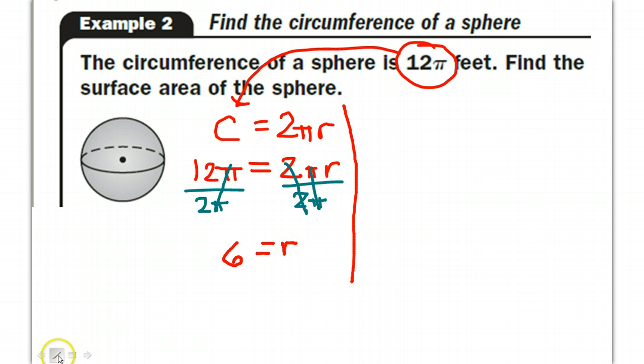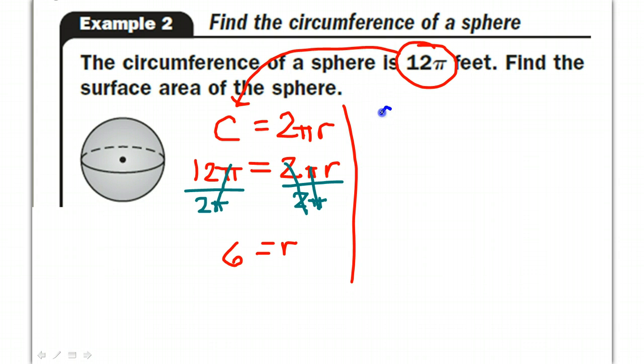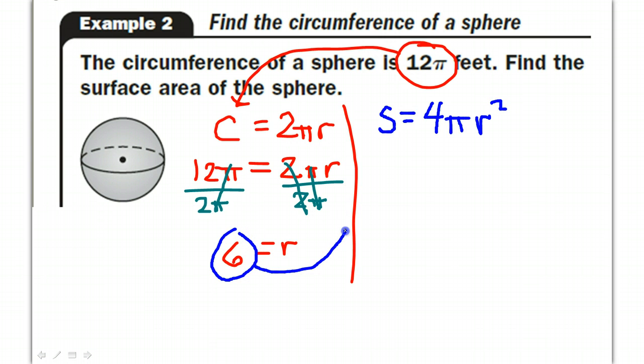Am I finished? No, because what are we being asked to find? We're supposed to find the surface area. Okay, but in order to find the surface area, we needed the radius. So we found the radius. Now we can find the surface area, which is the formula 4 pi r squared. But now that we know that the radius is 6, we can substitute it in. So that's going to be 4 pi 6 squared.